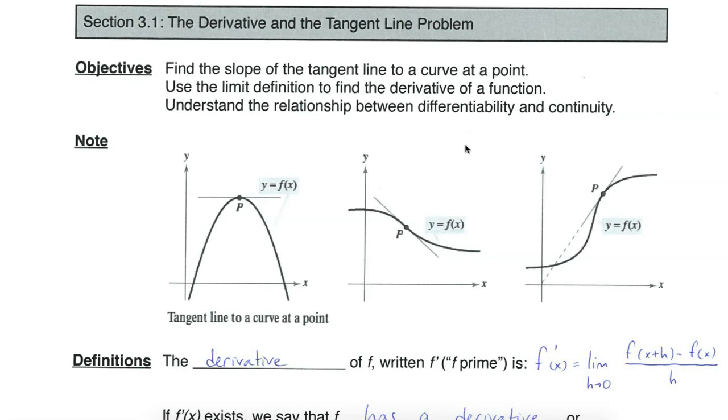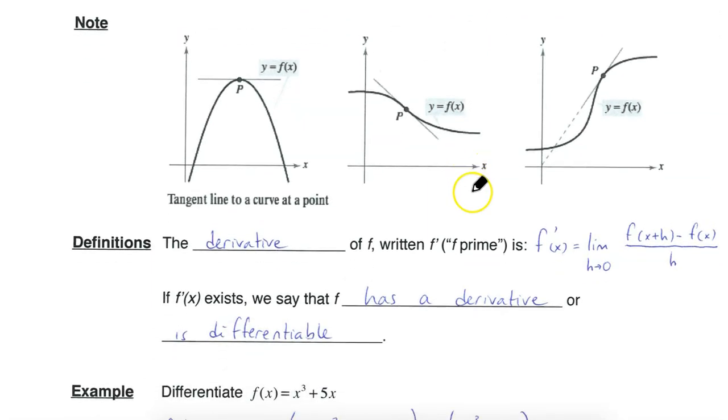The definition of the derivative with its mathematical formula is written here. You have seen that in pre-calculus. So we say f prime of x is equal to the limit as h approaches 0 of f of x plus h minus f of x over h.